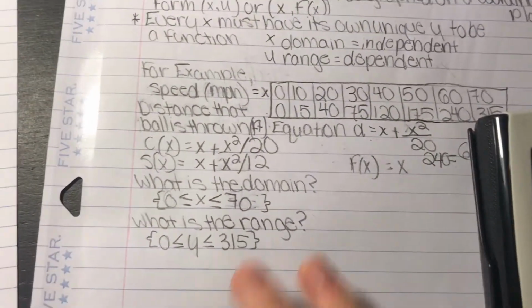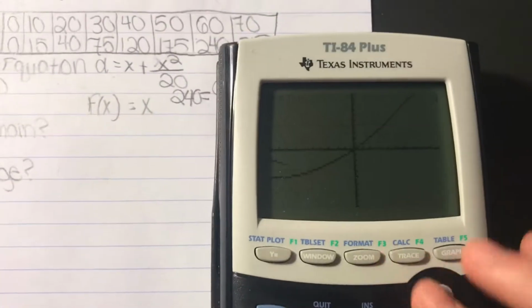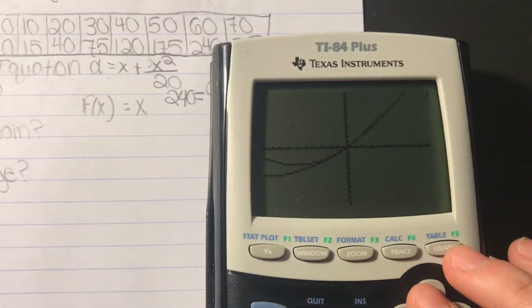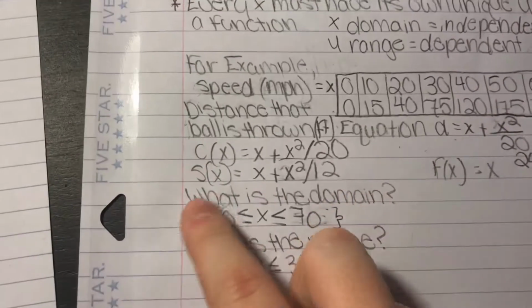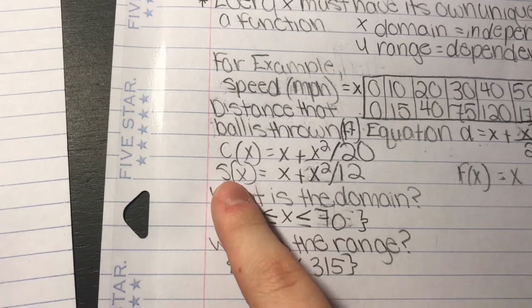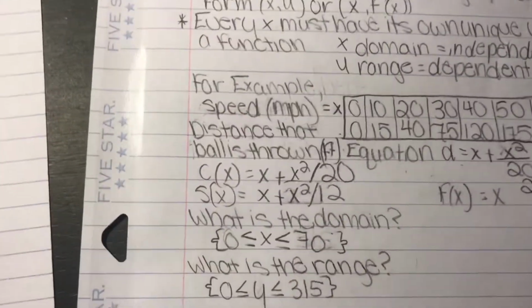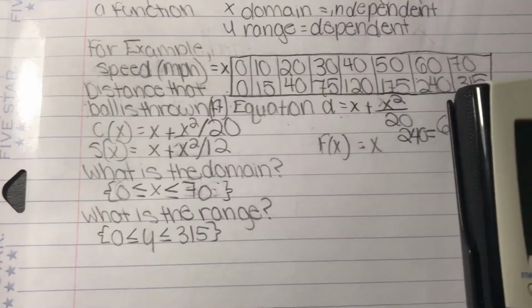Now that I showed you how this equation can make a function, we're going to add in a second equation, which just showed up on there. Instead of using c of x, which was my variable for the first equation, I'm now going to use s of x for x plus x squared divided by 12.